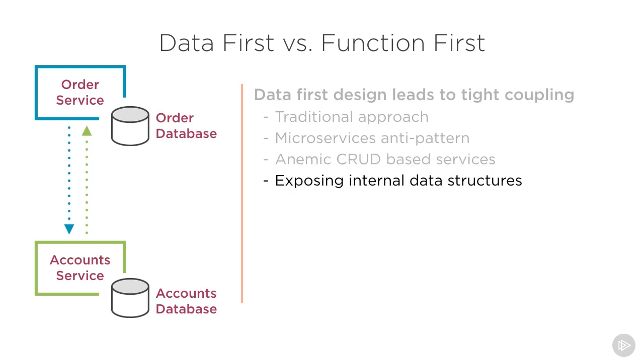And you're even more likely to expose the internal entities, the entities within the database, as entities which are part of the external contract of your service. This is because data first design doesn't really focus on the function or the role of the eventual service. The service basically ends up just exposing the internal data structures because there's no functionality to wrap around these data structures.